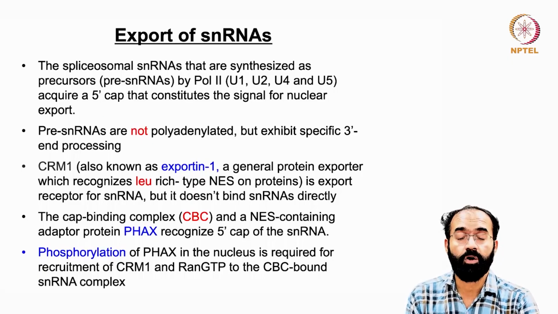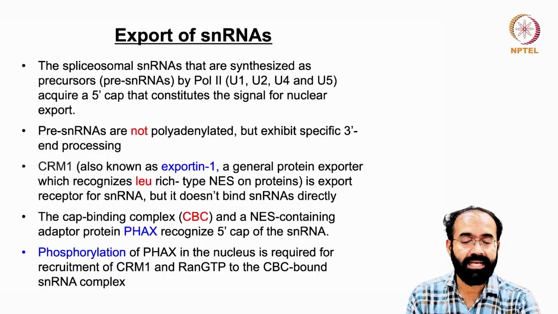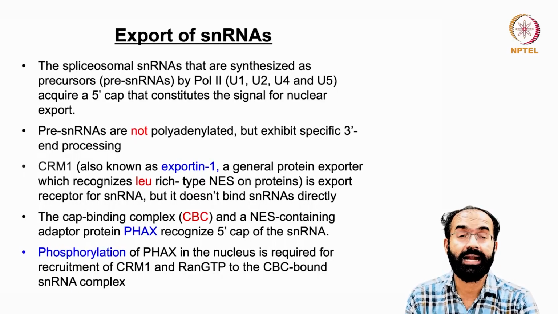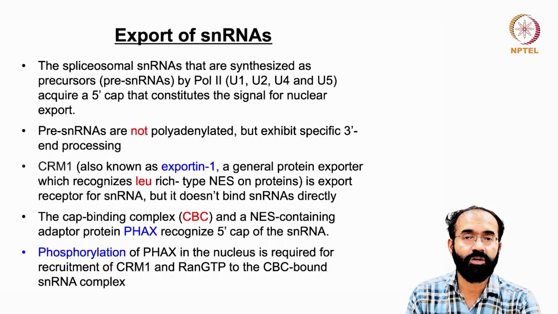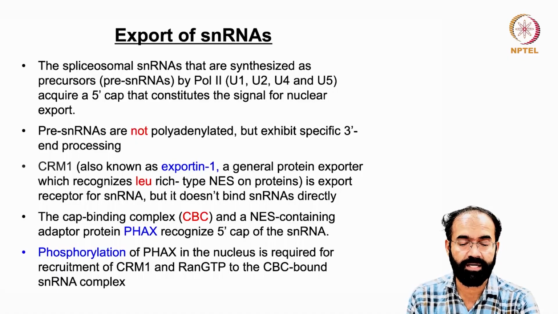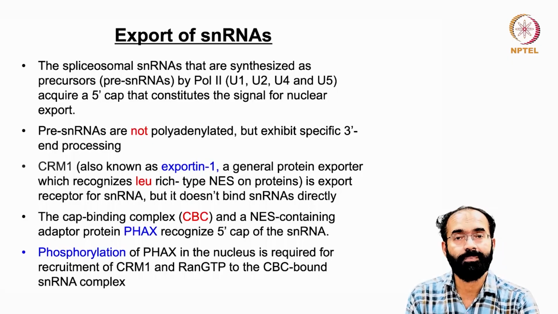So, the cap binding complex CBC and the NES containing adapter protein PHAX recognize the 5' cap of the snRNA. So, these two molecules, the cap binding complex and the NES containing adapter protein PHAX, recognize the 5' cap of this snRNA. Through the phosphorylation of PHAX, we know phosphorylation changes the structural property and functional property of a target protein. Phosphorylation of PHAX in the nucleus is required for the recruitment of CRM1.